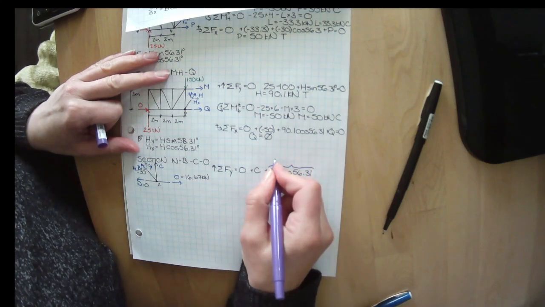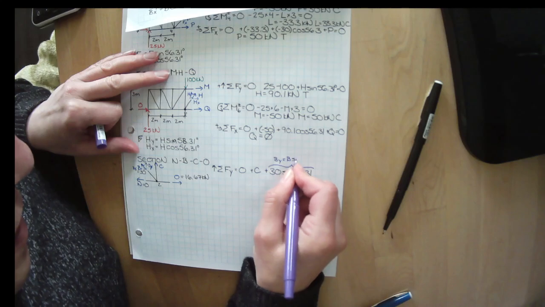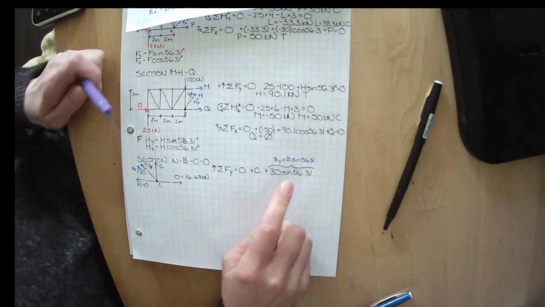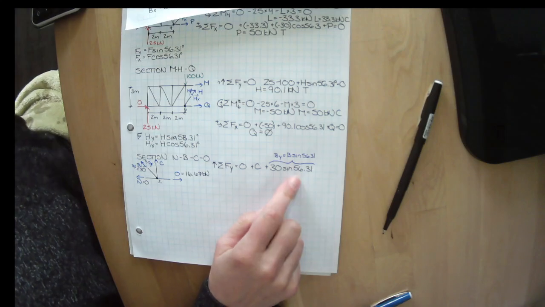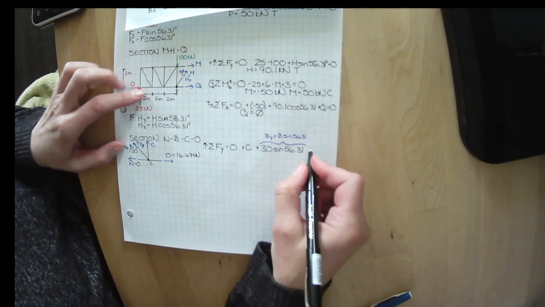This is really By equals B sine 56.31. But we want to start getting fast at this. We don't want to keep writing all of these steps out, so I'm making it quicker as we go. But that's just there for you as a reference.